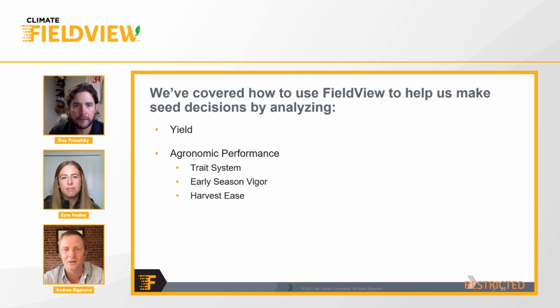I think that's a great point you make there, Kate. And even to ladder onto that, when we are harvesting these trials or swathing them, whether it's a cereal or a canola variety or a corn, drop a pin when you're doing it and talk about your experience.